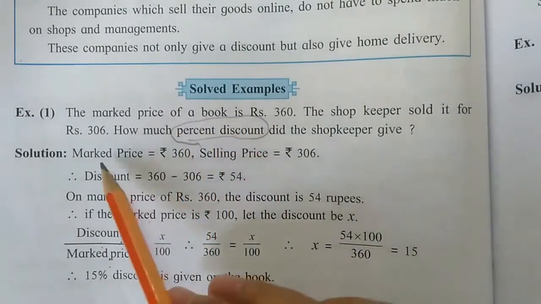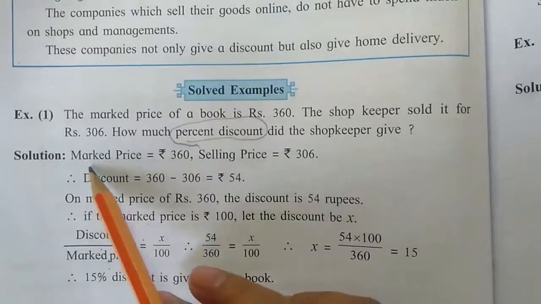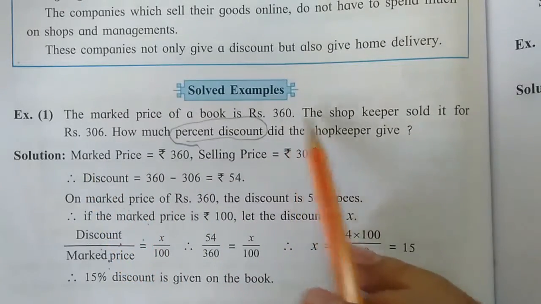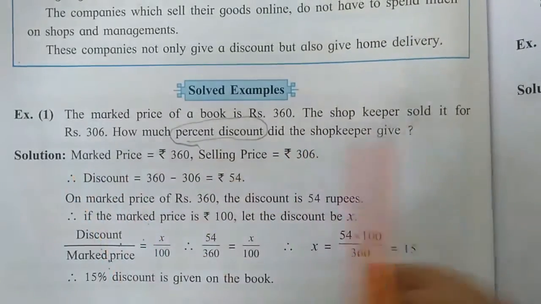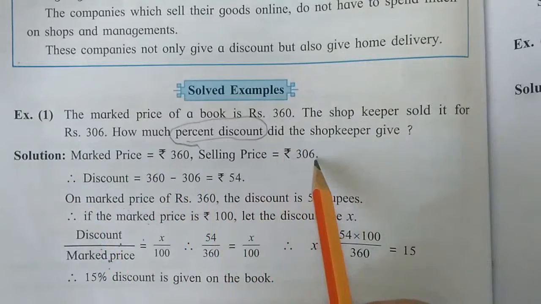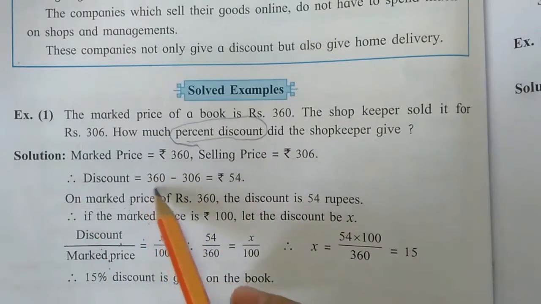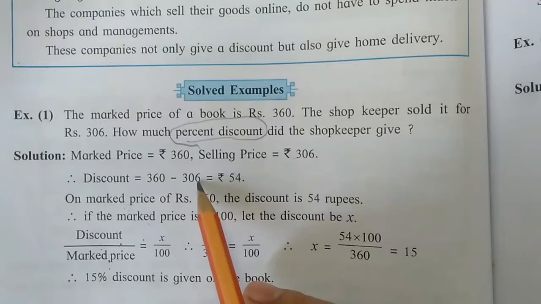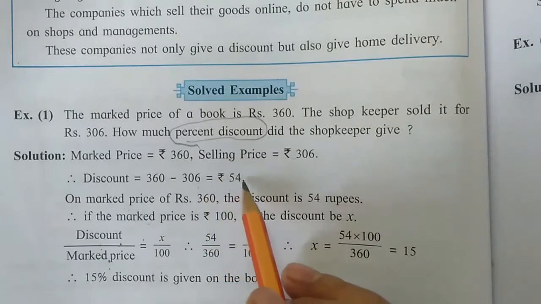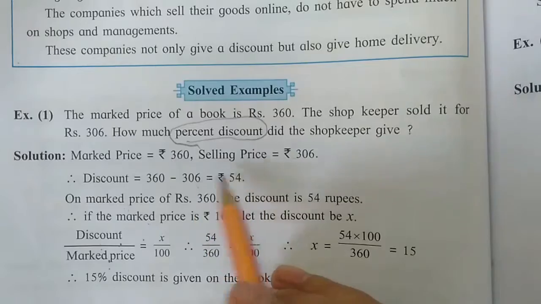Firstly we find the discount. Mark price is 360. Selling price is 306 rupees. Therefore discount is equal to mark price minus selling price. So it is 54 rupees.